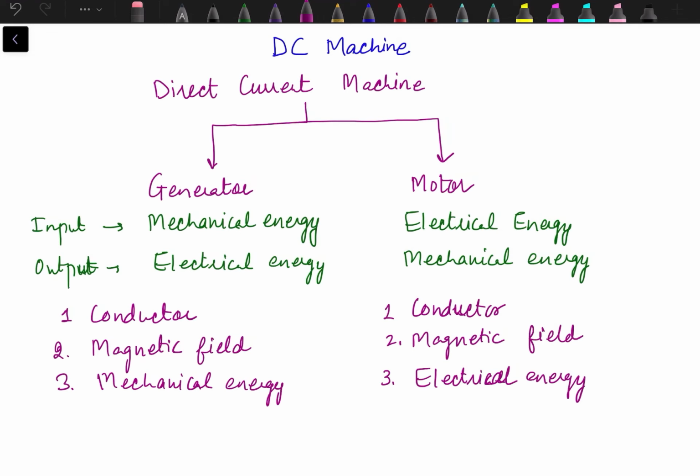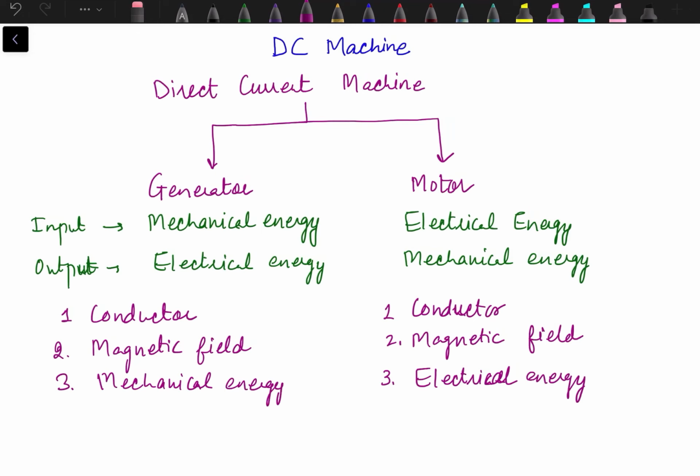Also, we need to know that most of the DC machines are similar to AC machines since they have the same AC voltages and currents within them. Now the question is how they are different from the AC machines. Why are we saying that these are direct current machines?